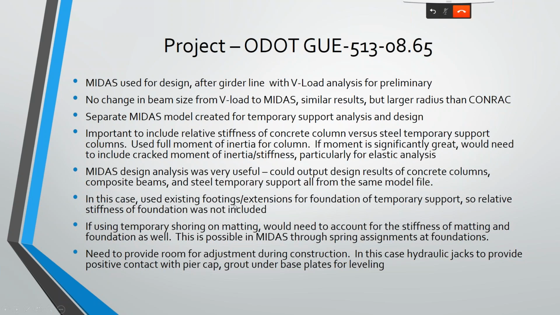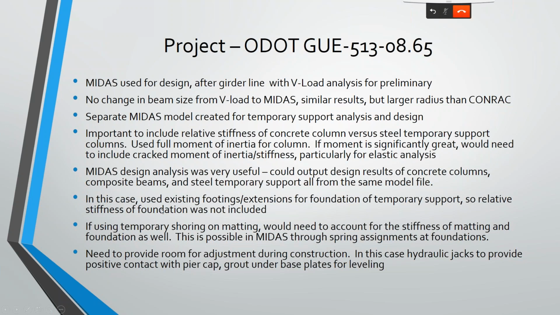In this case, we used extensions of the footings to support the temporary support, so relative stiffness of the foundation is not necessarily needed here. But if your temporary shoring is on matting or on a separated footing, or you have, say, a deep footing on piles supporting your overall pier and a shallow spread footing supporting your temporary support, the relative stiffness between those foundation units could become a concern.